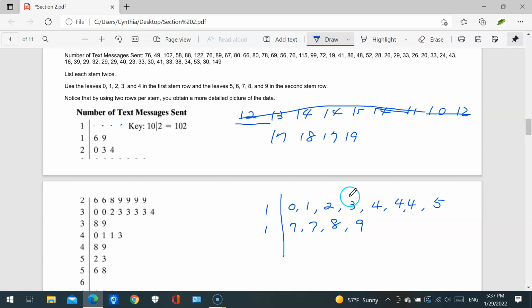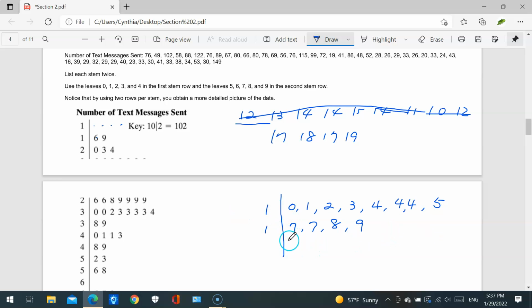Normally we only take one stem level, but sometimes when your data has a lot of values in the same 10s or 20s interval, we go with the 2 stem and leaf plot.